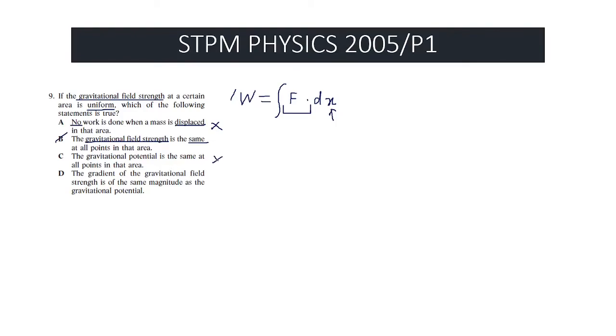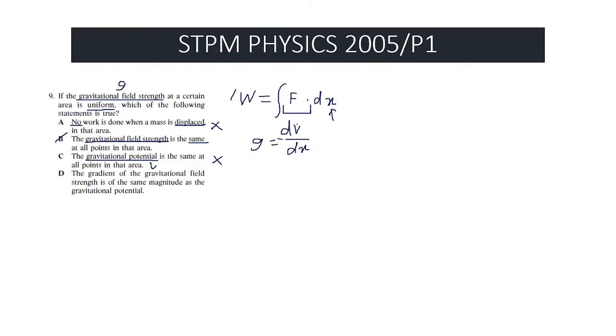This is incorrect. Let's say the gravitational potential is V, and the gravitational field strength is G. So the relationship between G and V is given by this formula, G equals minus dV dx.